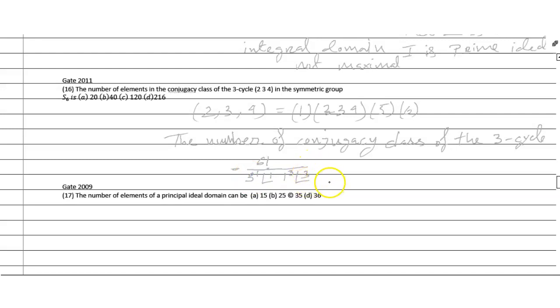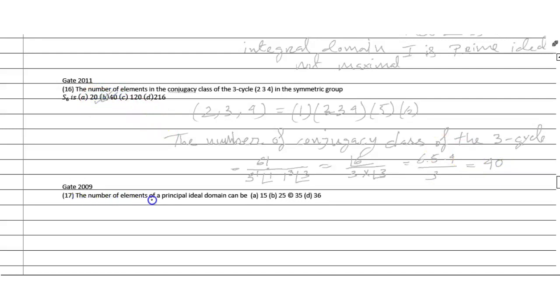This value is 6 factorial divided by 3 into 3 factorial. So this value is 6 times 5 times 4 divided by 3, which equals 40. So answer B is correct.